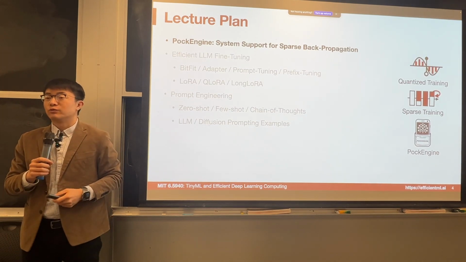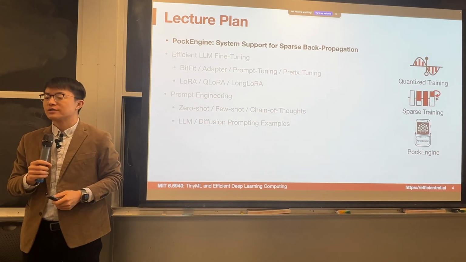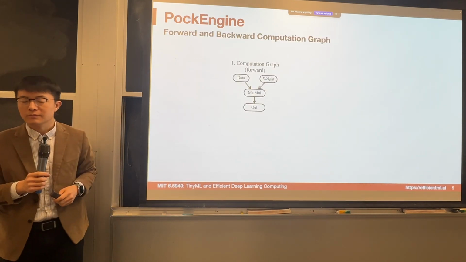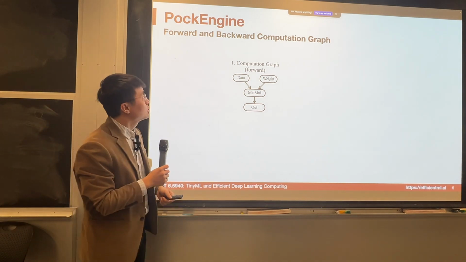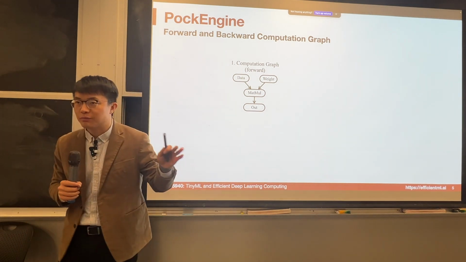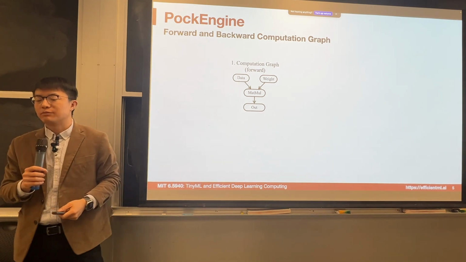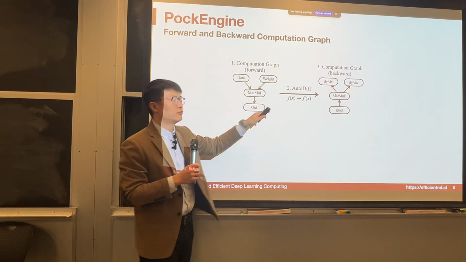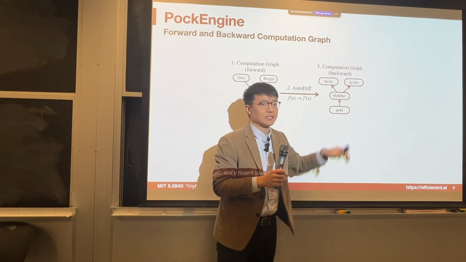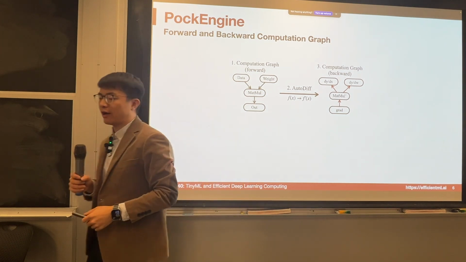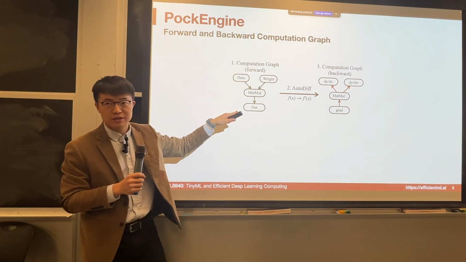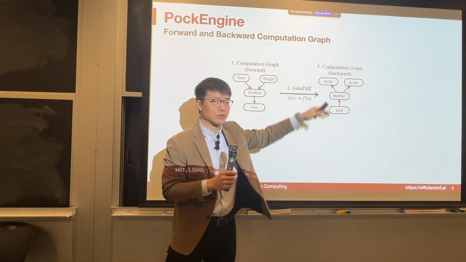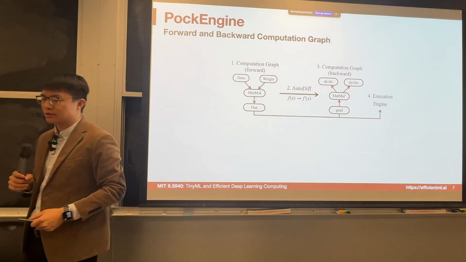Okay, so let's get started with the first part, which is PockEngine, system support for sparse backpropagation. When we are doing fine-tuning, we want to cover both the forward and also the backward computation graph. Starting with a forward computation graph, we need to perform auto differentiation to get the backward computation graph. You see all the arrows, the directions are reversed, the output becomes input, and you feed the gradient, you get the gradient for the weight and also for the activations.